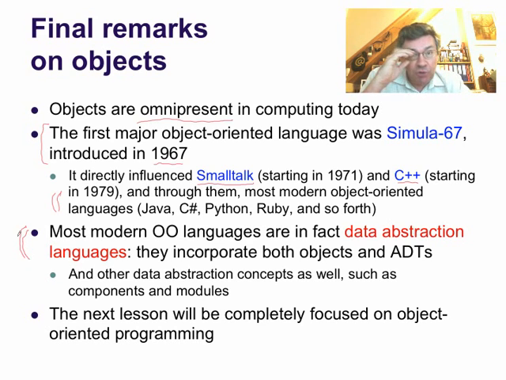Most modern object-oriented languages are in fact data abstraction languages. They have both objects and abstract data types, and they include other forms of data abstraction such as components and modules. Okay, that's all I want to say about objects for now, since the next lesson will be completely devoted to object-oriented programming.